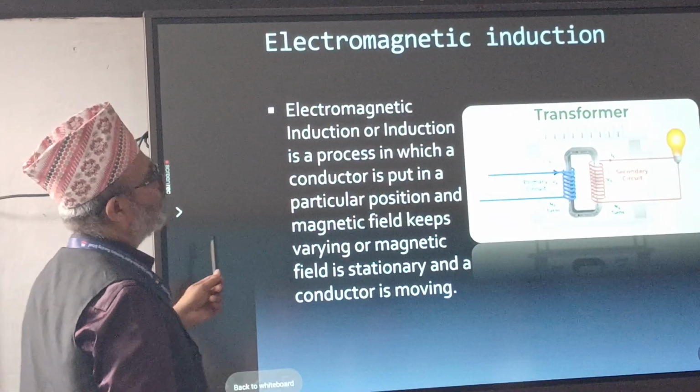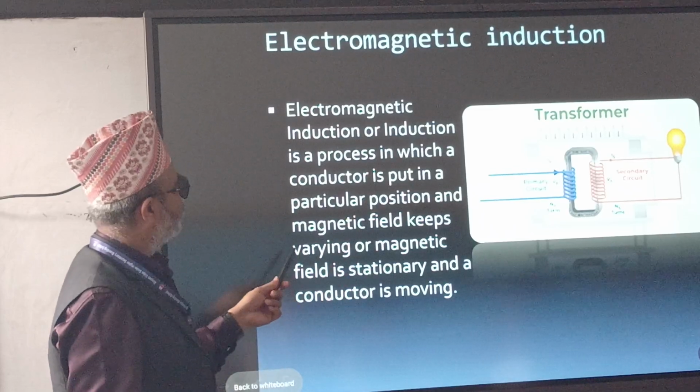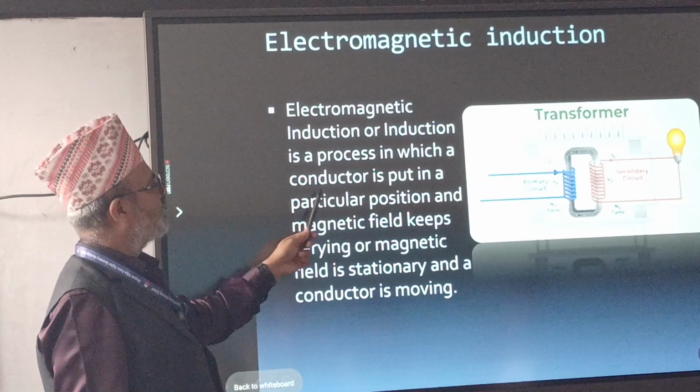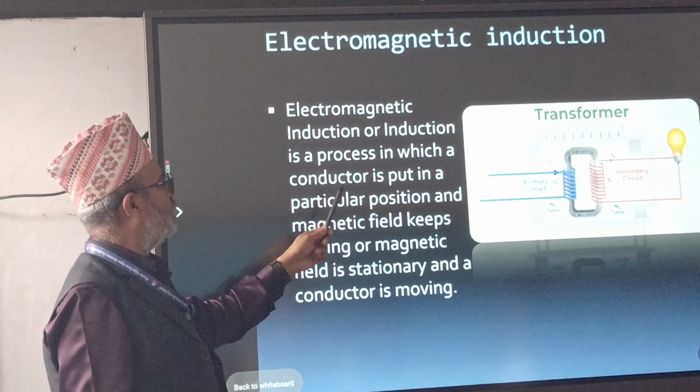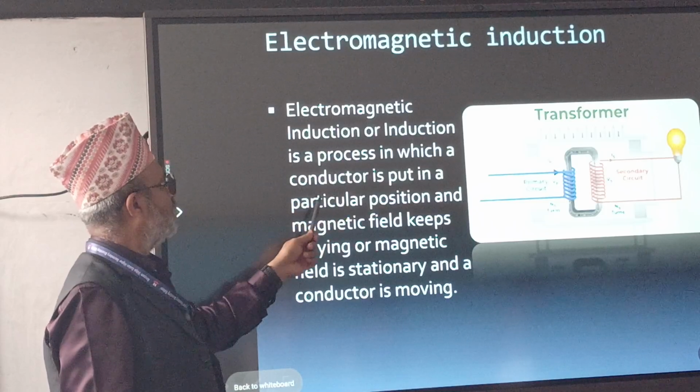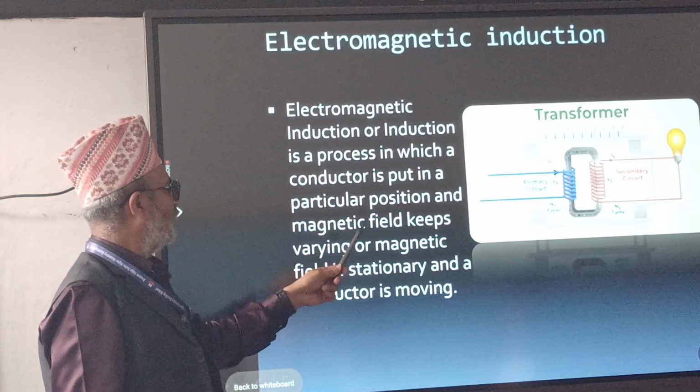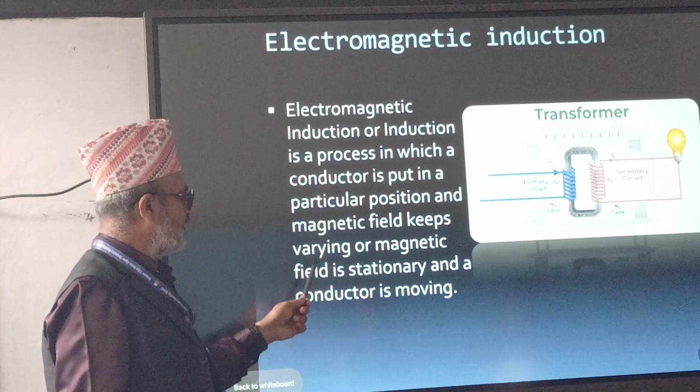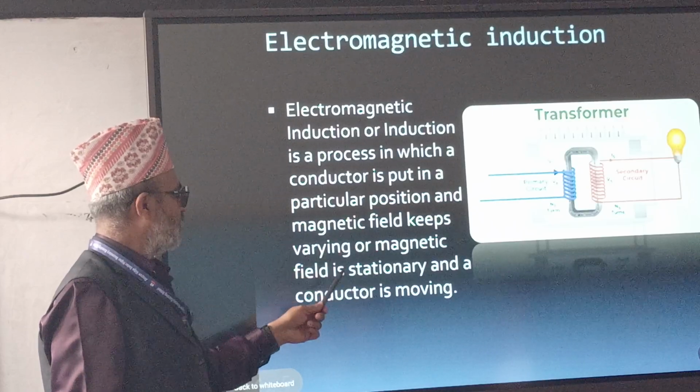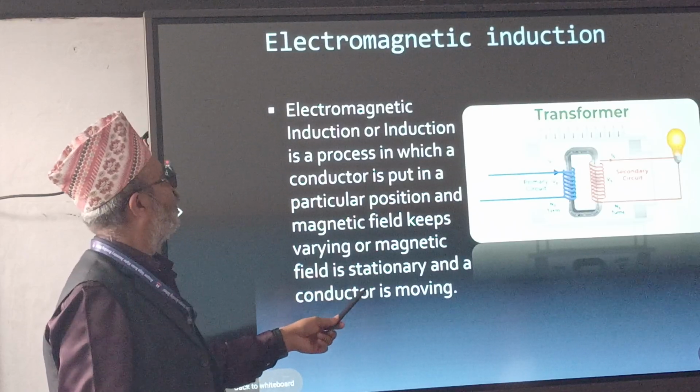So here is given electromagnetic induction. What is the definition? It is a process in which a conductor is put in a particular position and the magnetic field keeps changing, or the magnetic field is stationary and the conductor is moving.